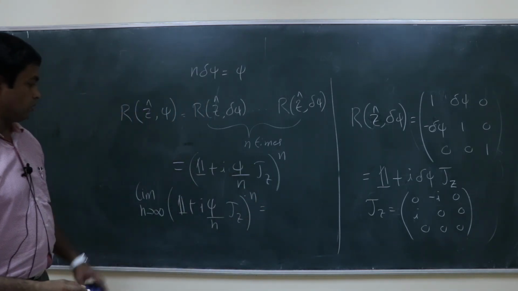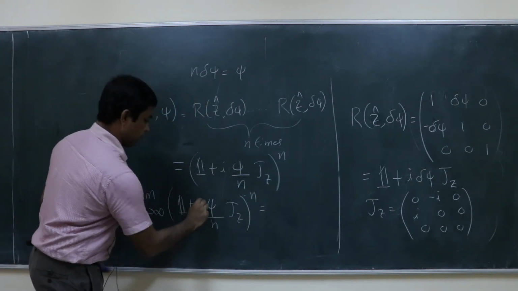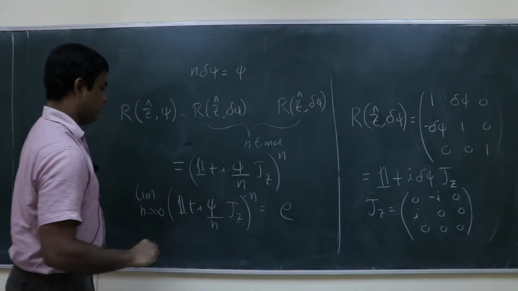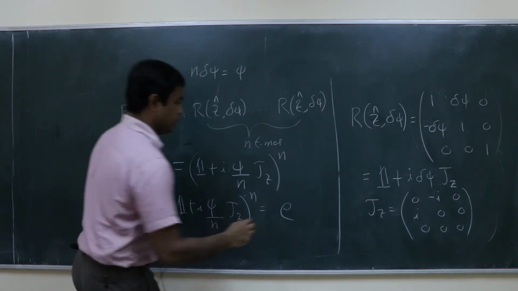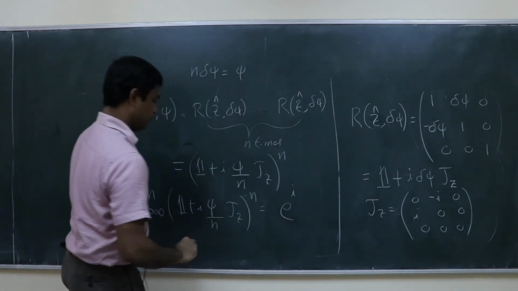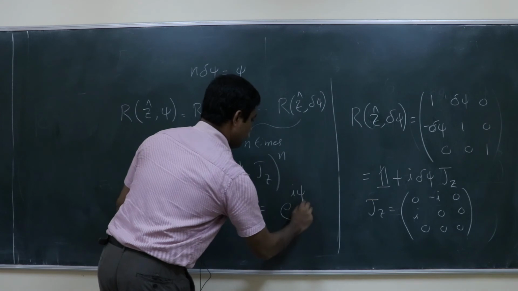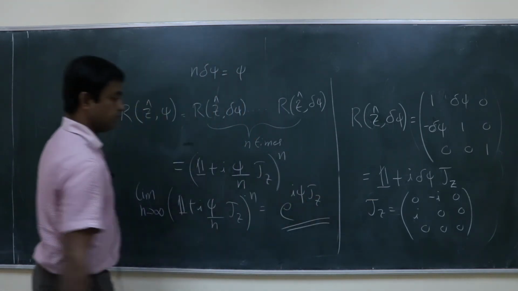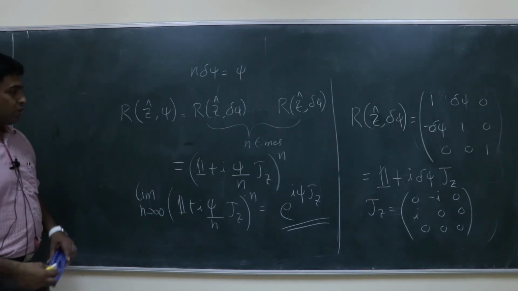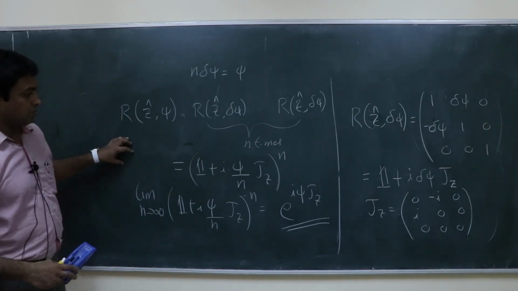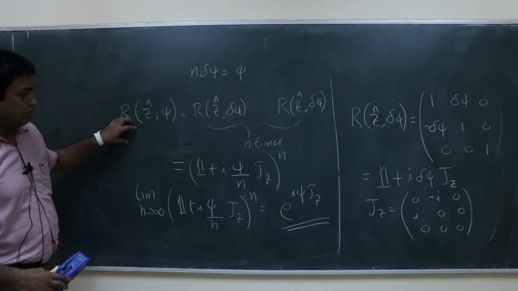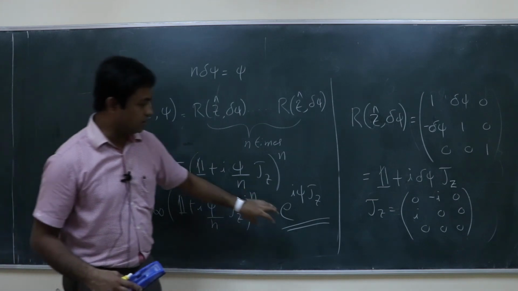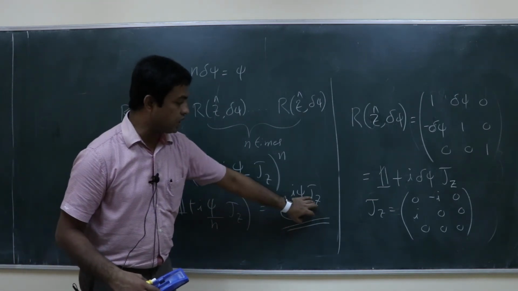What is this equal to? e raised to i psi jz. So the rotation about the z axis, that rotation matrix can be written as e power i psi jz.